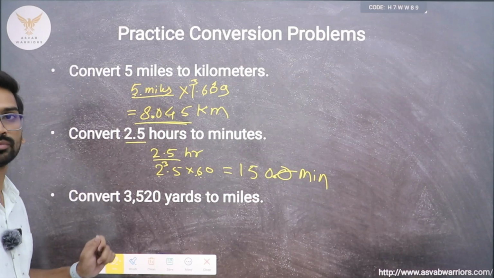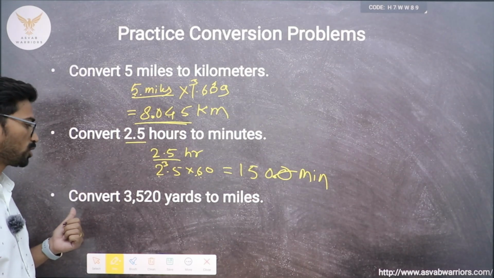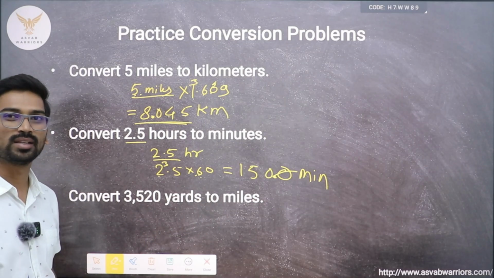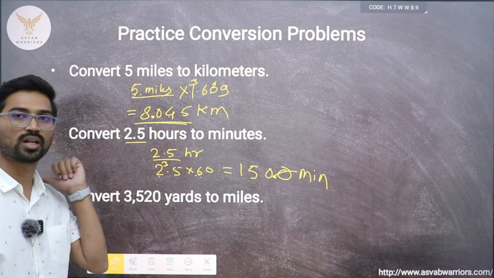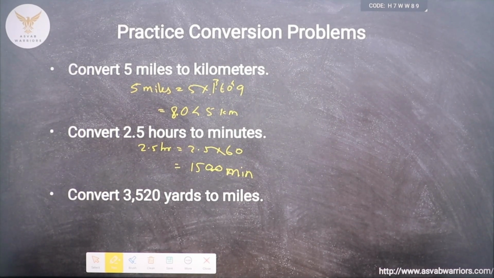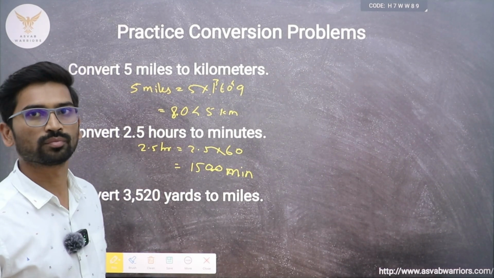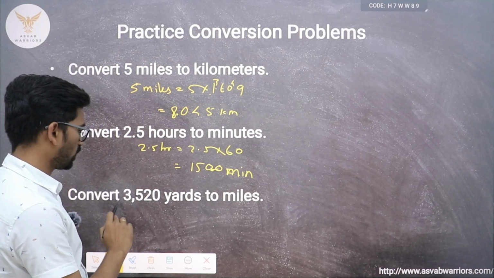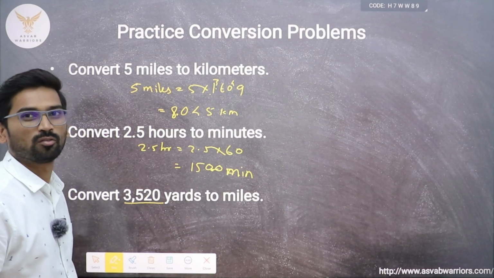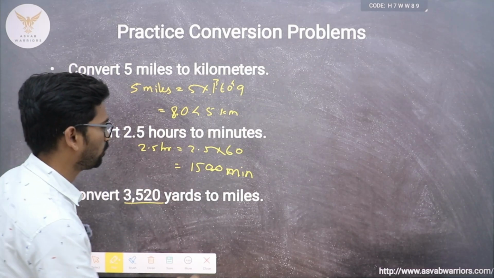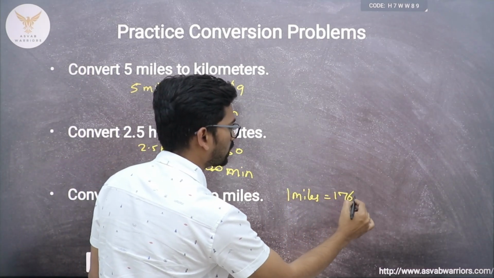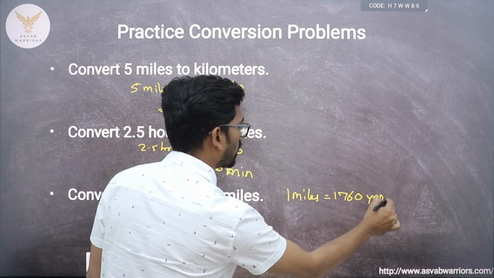Now I want you to solve this third question. Convert 3520 yards to miles. The conversion factor we have provided in the previous slide. Now in this question, convert 3520 yards to miles. We have to convert yards to miles. We know that 1 mile is equivalent to 1760 yards.